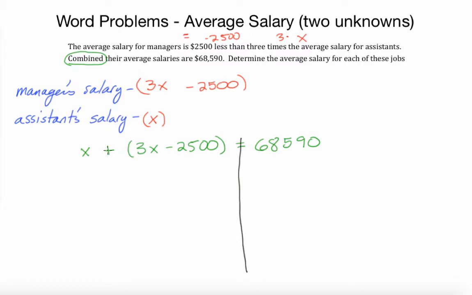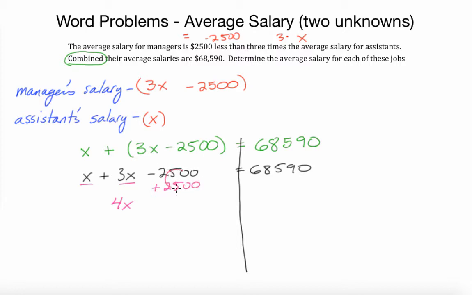I'm going to take away the parentheses. I have a plus sign, so there's no distributing. So I have x plus 3x minus 2,500 equals 68,590. I'm going to combine 3x plus x. Those are like terms, so I get 4x. And then I'm going to go ahead and add 2,500 to both sides.